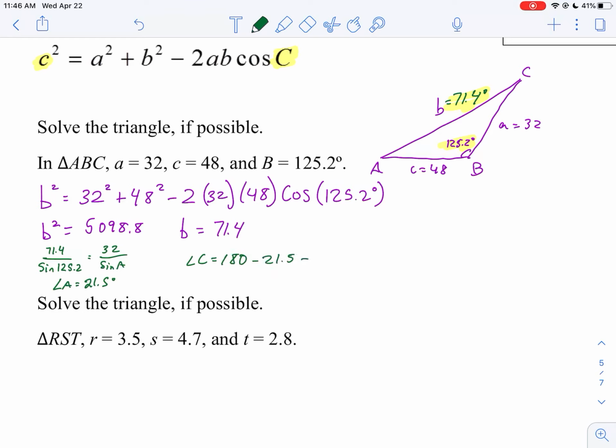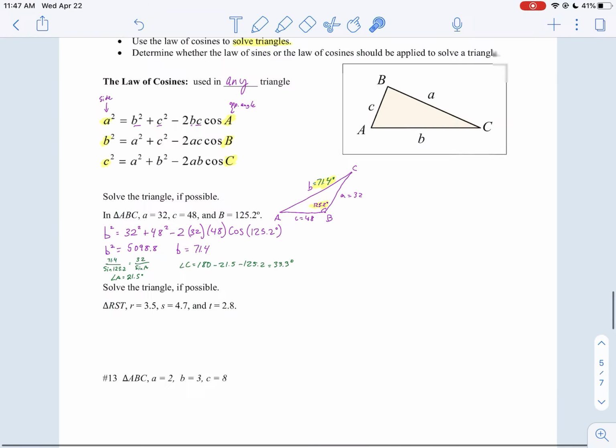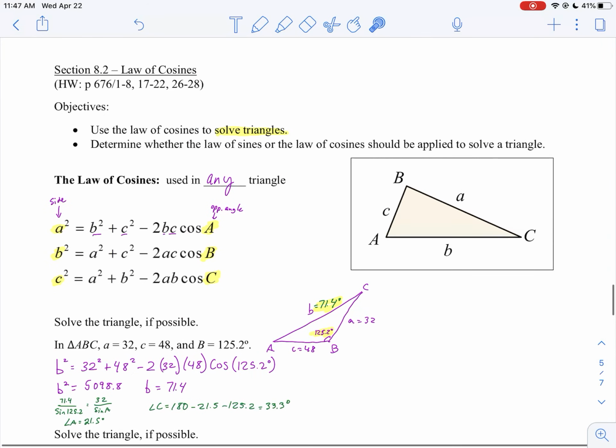So 180 minus 21.5 minus 125.2. And when we do that, I better check my work here. I think I'm getting 33.3 degrees. Double check my work on the calculator. The idea holds.